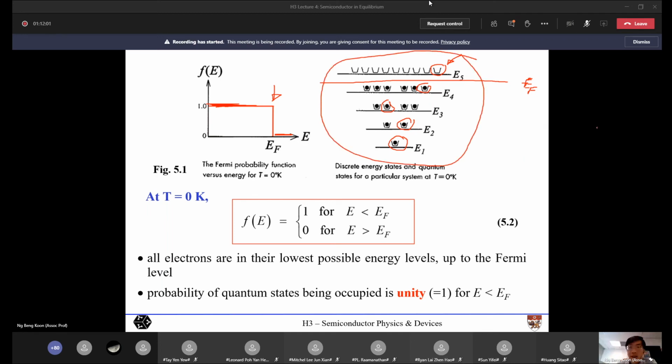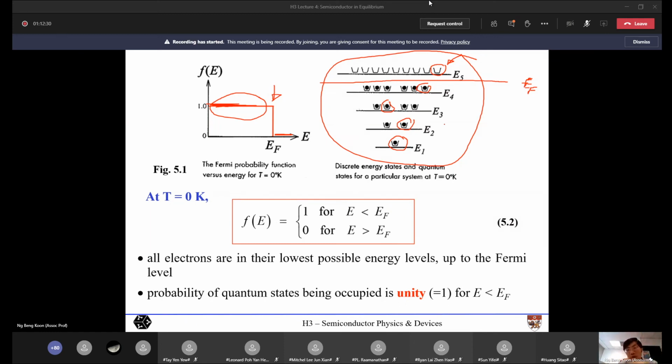Because the electron generally will occupy the lowest energy states possible, you will find that in the case of the Fermi-Dirac distribution function, this part here is 100% chance of finding electrons there. So in other words, it's describing an actual physical electron system. At 0 Kelvin, it's telling you that for energy lower than some EF, the chance of an electron occupying there is 100%, which is true.